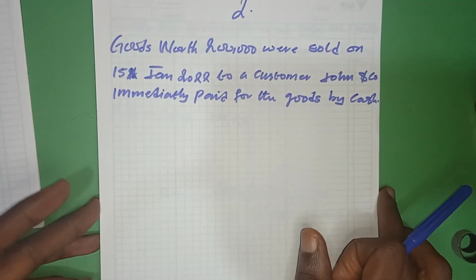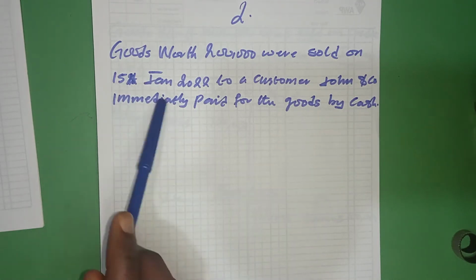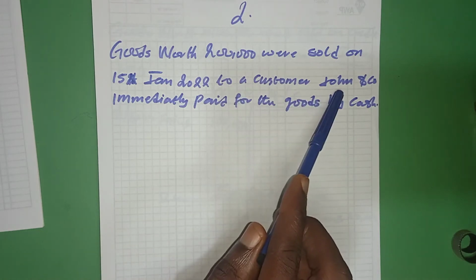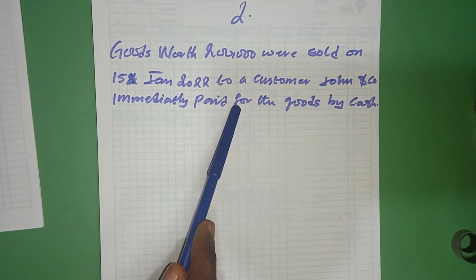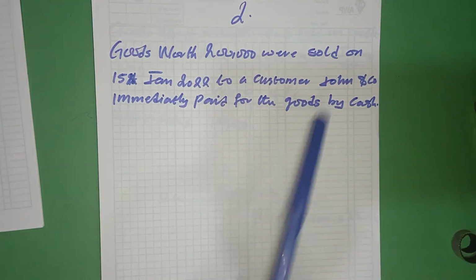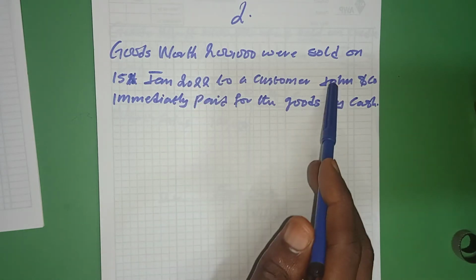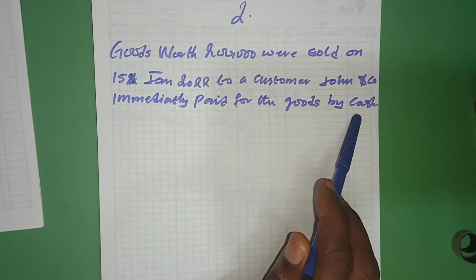Hope you are getting it, or am I too fast? Now, this one says, goods worth 200,000 were sold on 15 January 2022 to a customer, John and Co., who immediately paid for the goods by cash. You see this one? We sold to John and Co., but he immediately paid by cash.